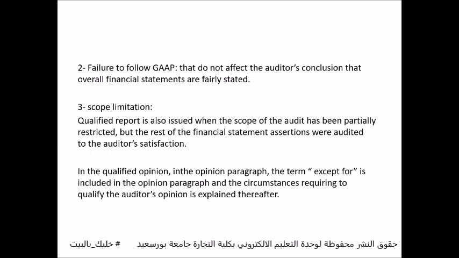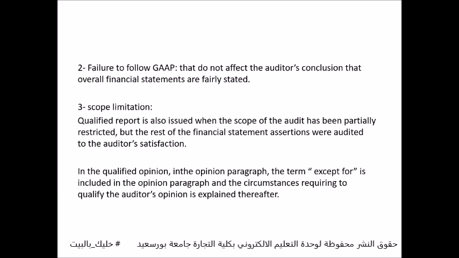Number 3, scope limitation. A qualified report is also issued when the scope of the audit has been partially restricted, but the rest of the financial statement assertions were audited to the auditor's satisfaction. In the qualified opinion, especially in the opinion paragraph, the term "except for" is included, and the circumstances requiring the qualification of the auditor's opinion are explained thereafter.